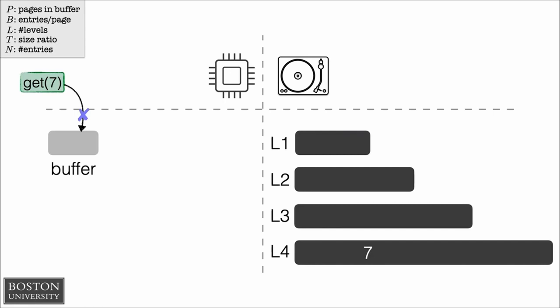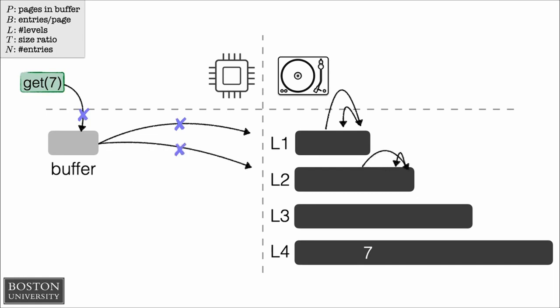If the buffer does not contain what we're looking for, then we have to start going into storage and searching each and every one of the files. If we don't have any additional metadata, we'll have to do a binary search in every storage layer, performing a logarithmic number of storage IOs for every level.